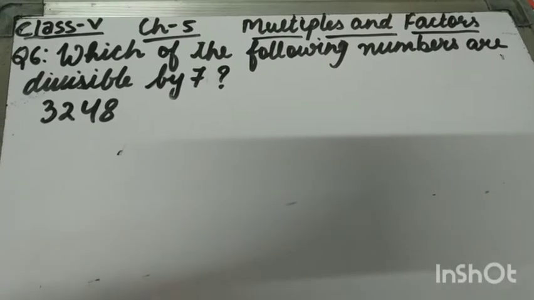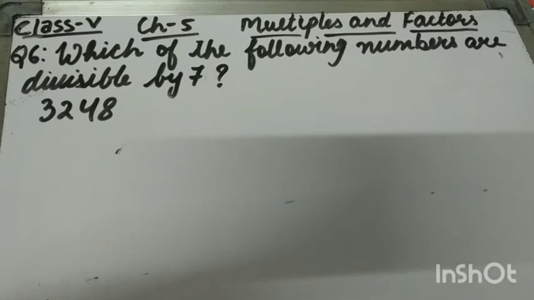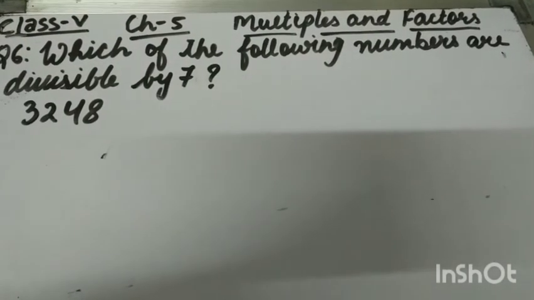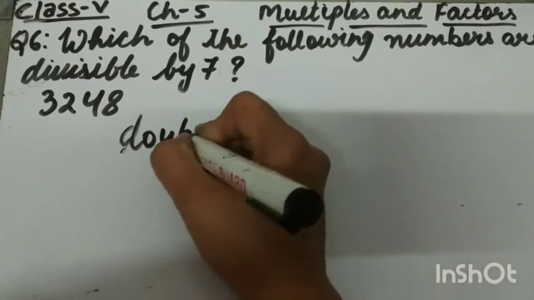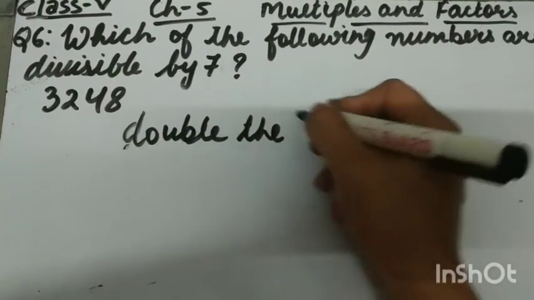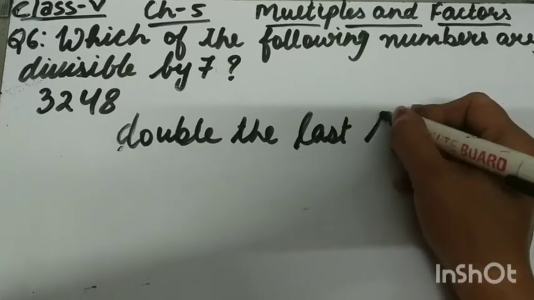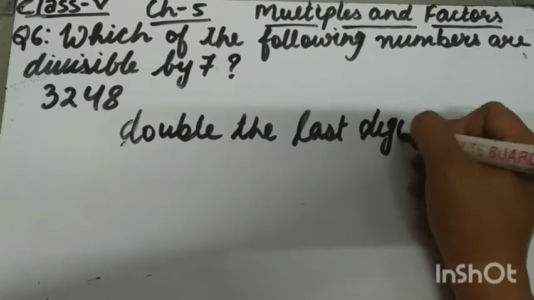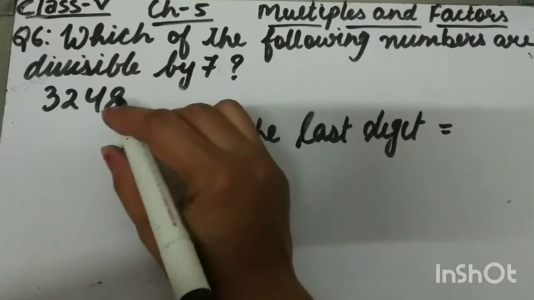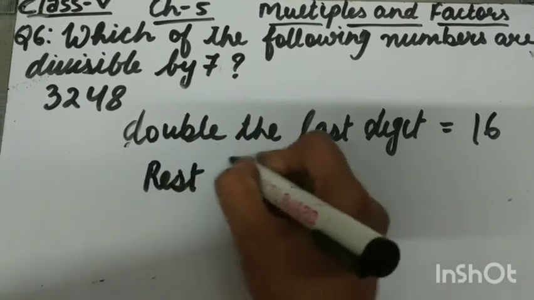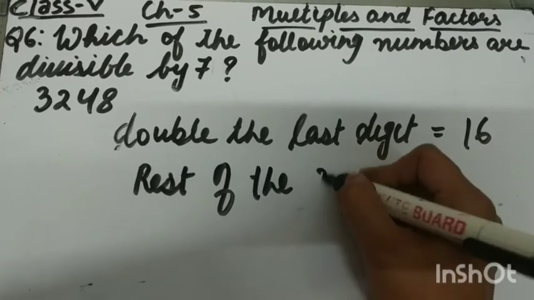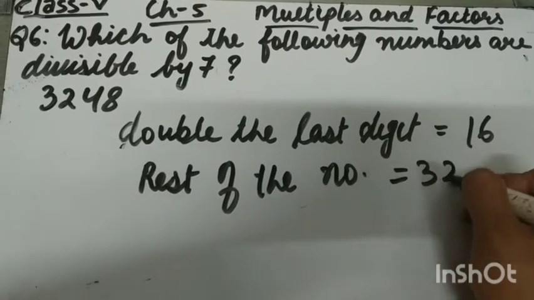Next is 3248. We have to check its divisibility by 7. First of all, double the last digit. Here it's 8 and double will be 16. The rest of the number is 324.